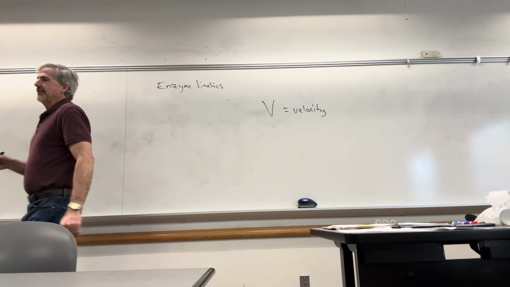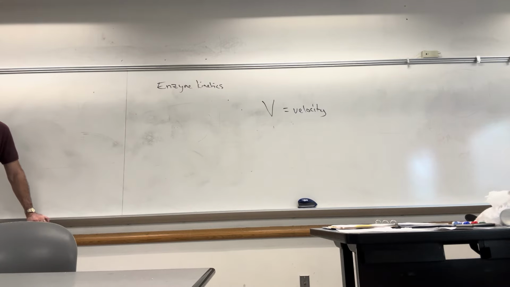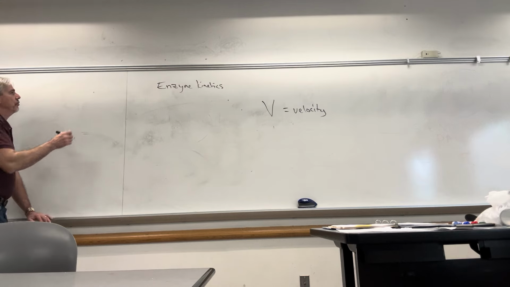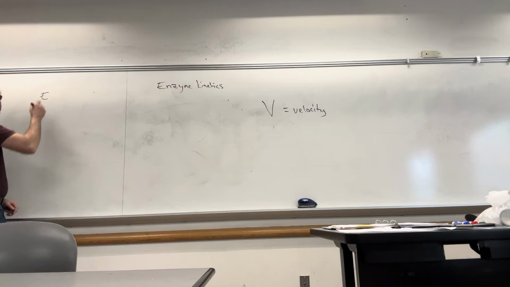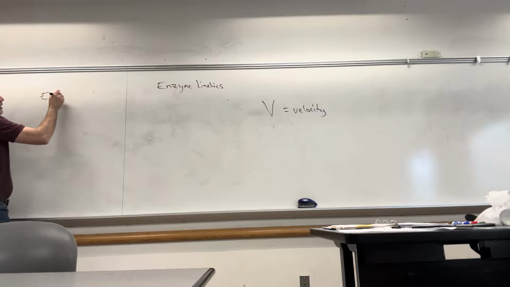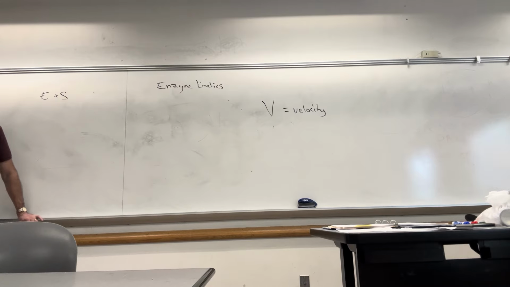Okay, so we're going to start off with the simplest possible enzymatic reaction. We're going to have an enzyme, and just a single substrate that gets turned into a single product.